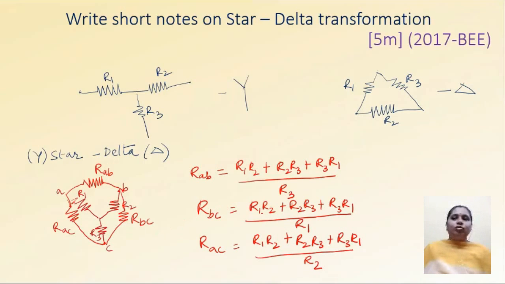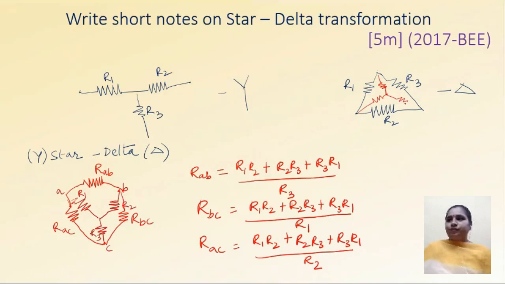Now if you want to convert a delta into a star, here I have taken the delta resistors. Now I want to convert it into star, so draw the star connection diagram for this.